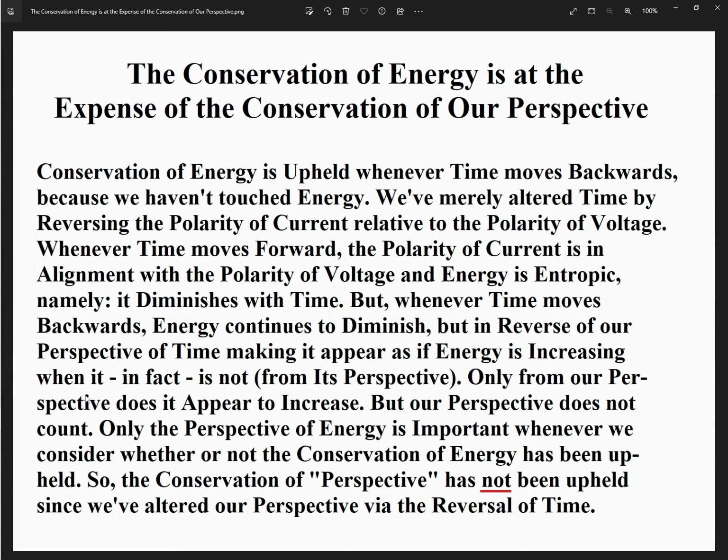Only from our perspective does it appear to increase, but our perspective does not count. Only the perspective of energy is important whenever we consider whether or not the conservation of energy has been upheld. So the conservation of perspective has not been upheld since we have altered our perspective via the reversal of time.